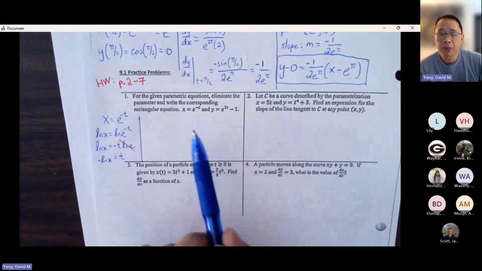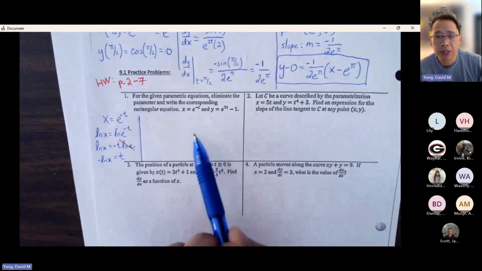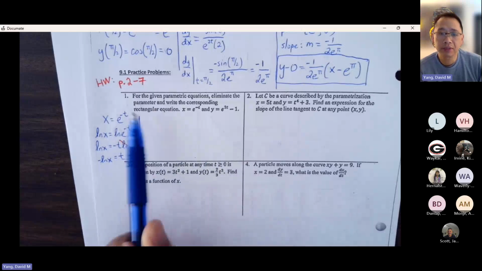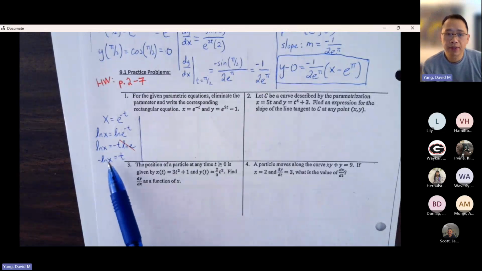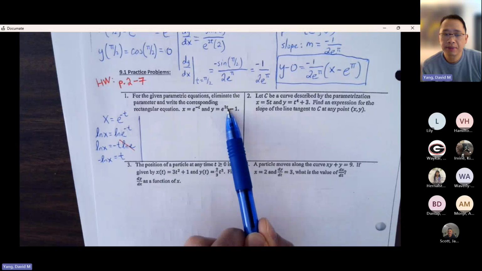So we're trying to eliminate the parameter, so we always are going to try to solve for t of the easier equation, plug it into the other variable equation, and try to get our equation purely in terms of x. So I'm going to plug this in for the t.